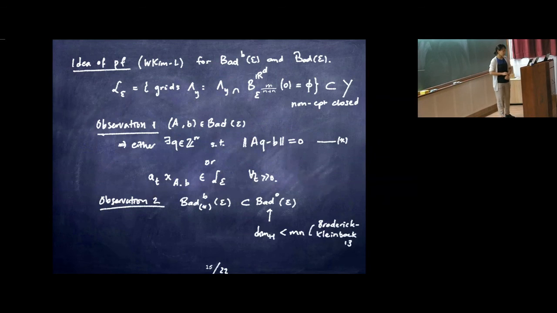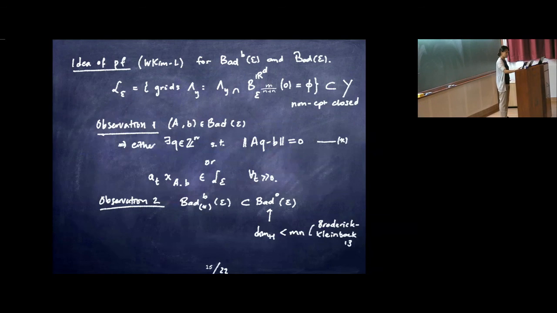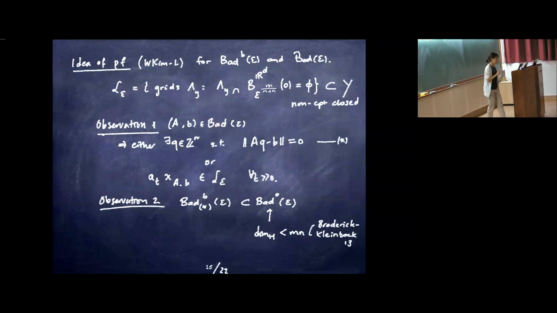I think in 2013, Broderick and Kleinbock proved it, and maybe later David Simmons had a more explicit bound. Anyway, we had a non-full Hausdorff dimension, so we can ignore this star case. So now we can just look at the second case, and then it's more or less the same argument.